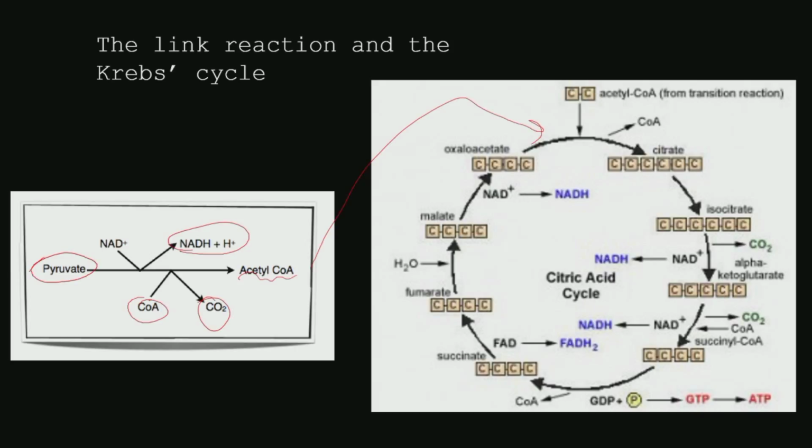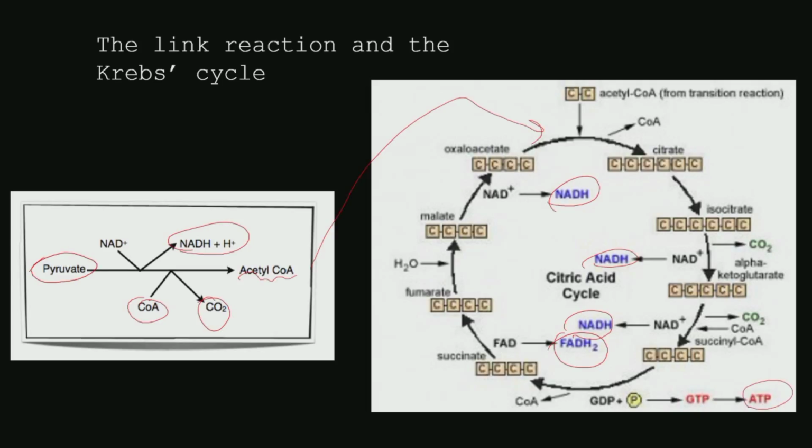All you need to know is that a lot of NADH is made, like here, here, and here, and FADH is made right here, and then some ATP.